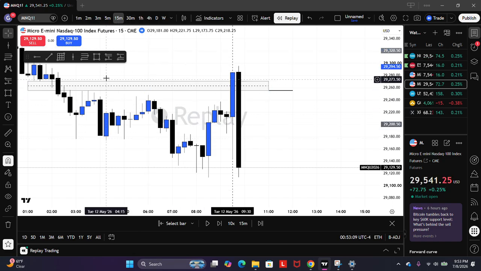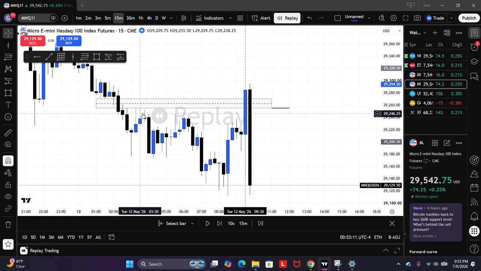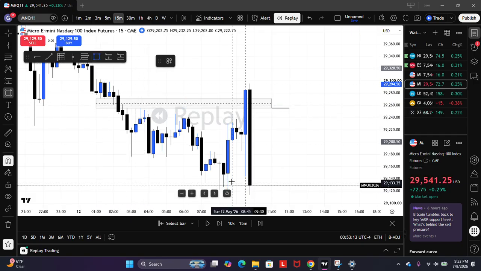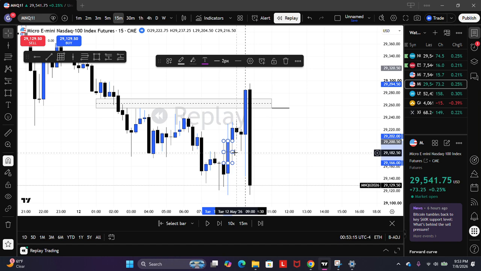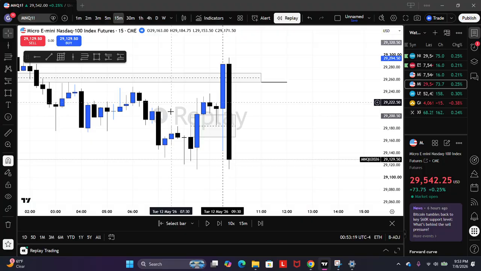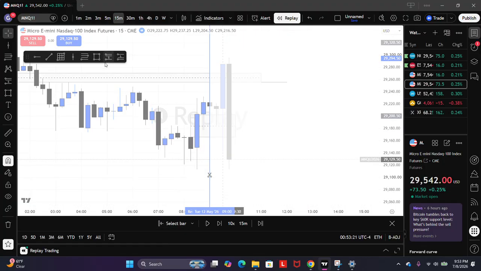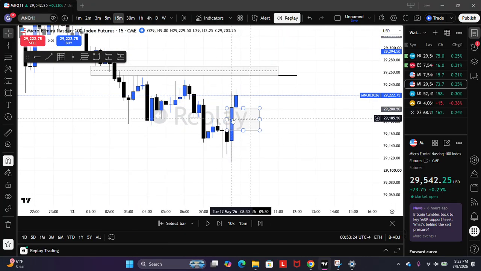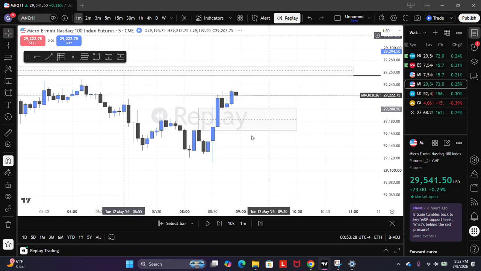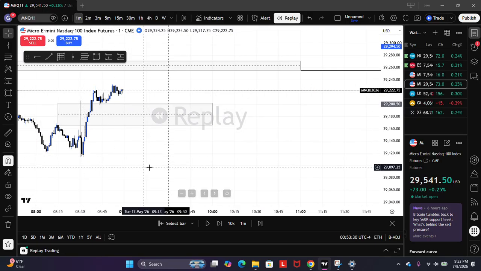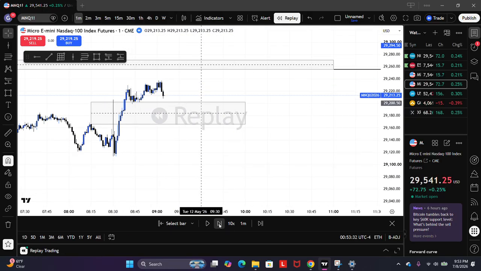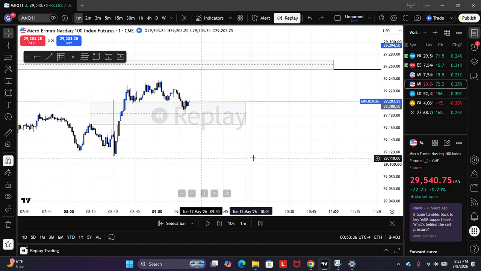Okay, so boom. See how an untapped 15-minute fair value gap could play out? This is before market open, but let's pay attention to this real quick. We have a 15-minute fair value gap, unfilled. We retrace into it. Bam, retrace into it.